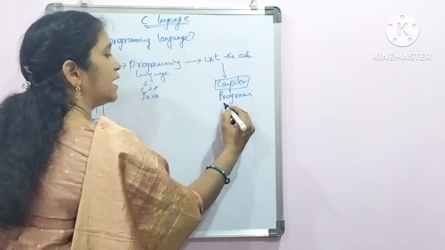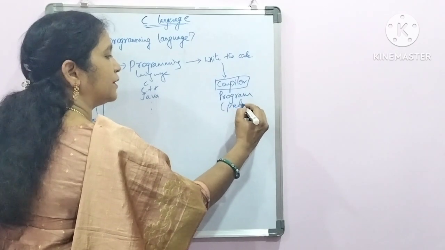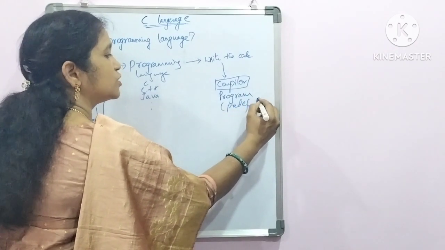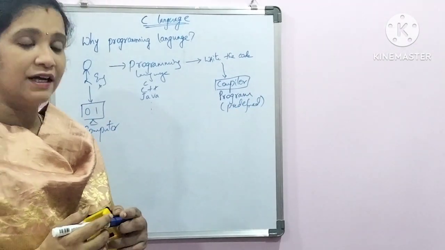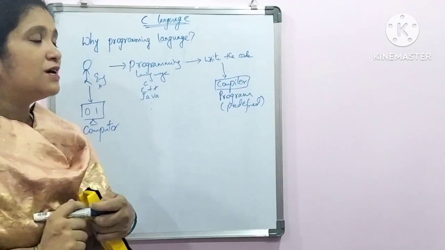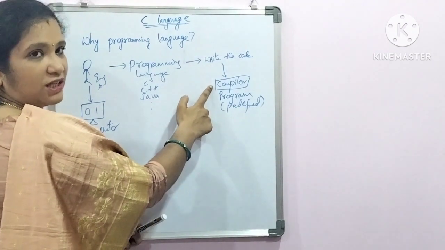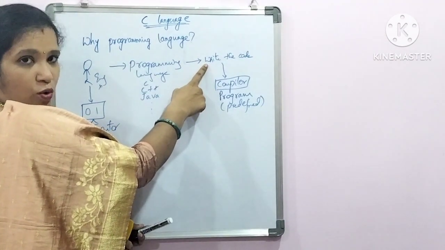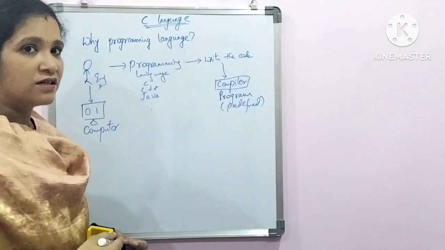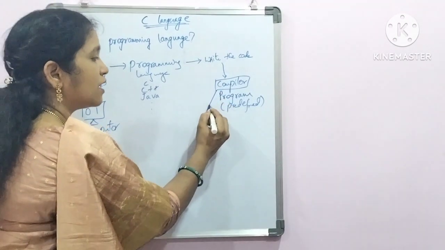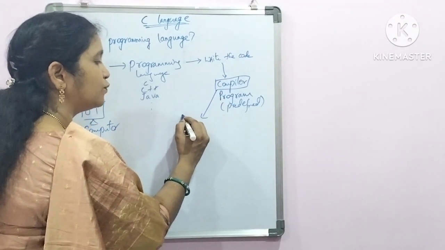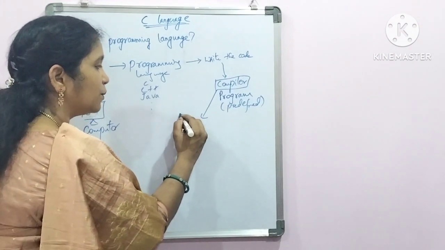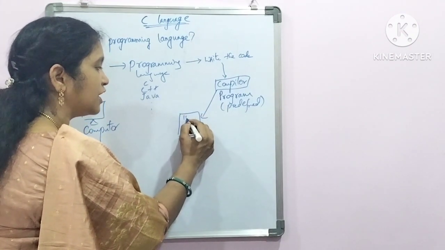This is a predefined program, already defined in the C language. Whenever we use the compiler, it will check the errors in our code. If there are no errors, it will convert our code into binary language.